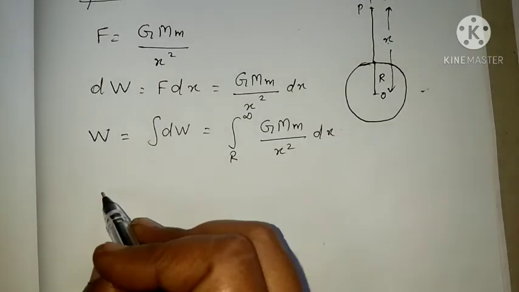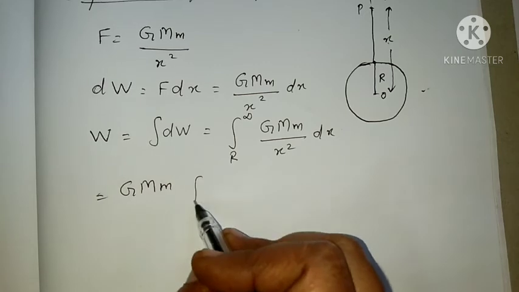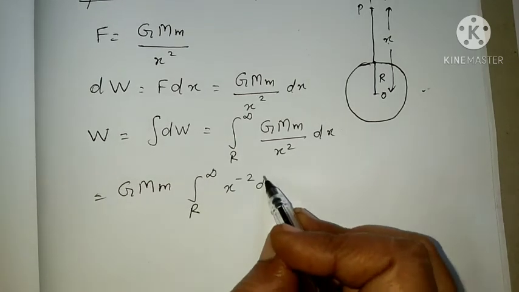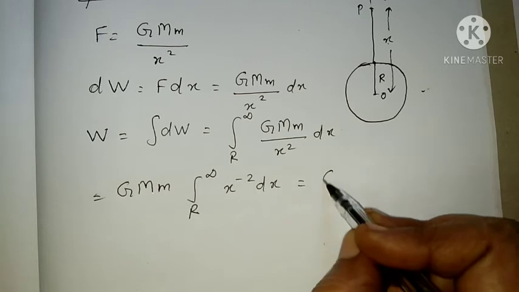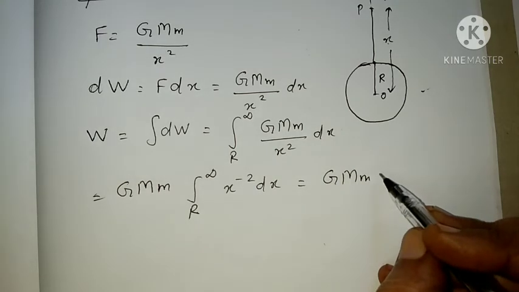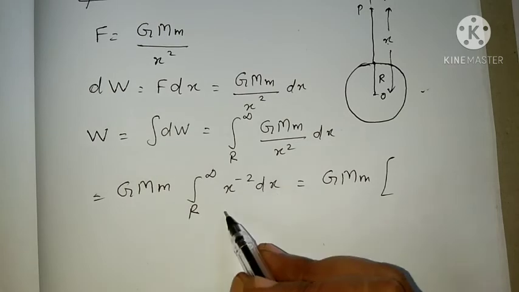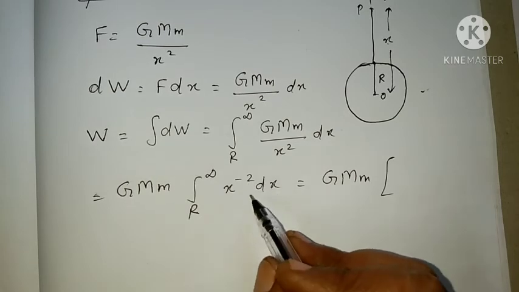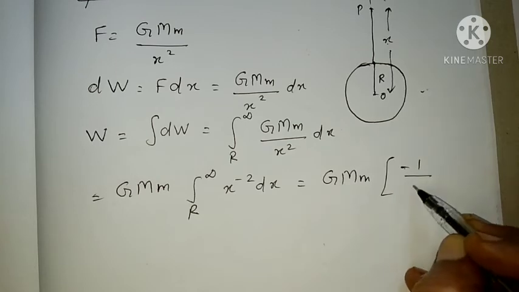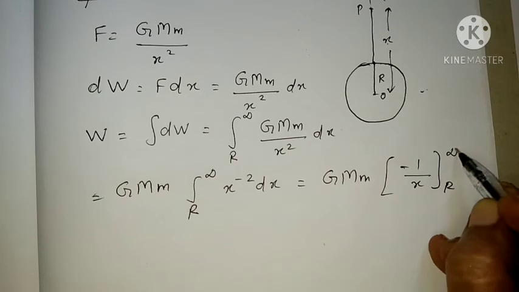Then we can take GMm outside, integral from capital R to infinity of x raised to minus 2 dx, which is GMm into x raised to minus 2 plus 1 divided by minus 2 plus 1, that is x raised to minus 1 divided by minus 1, so we can write minus 1 by x within the limit R to infinity.